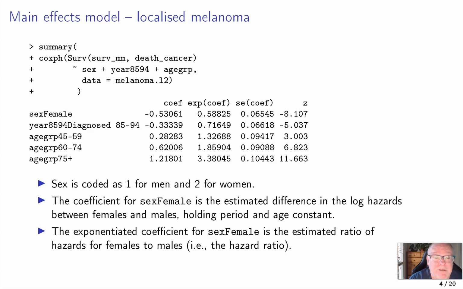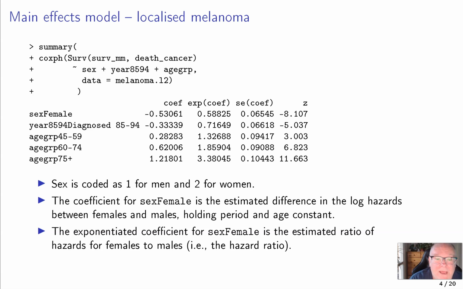So in any regression model, the interpretation of the parameter estimate is the change in the outcome for a 1 unit increase in the explanatory variable. Now, a 1 unit increase in sex is the difference between men and women. So this coefficient here is the difference in the log hazard ratio between females and males while we hold period and age constant.